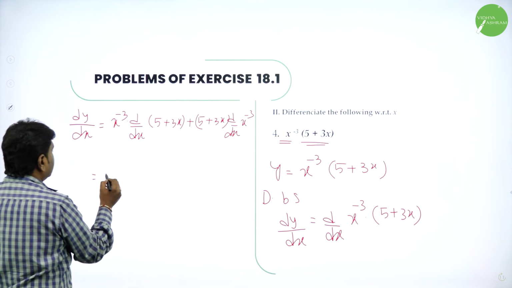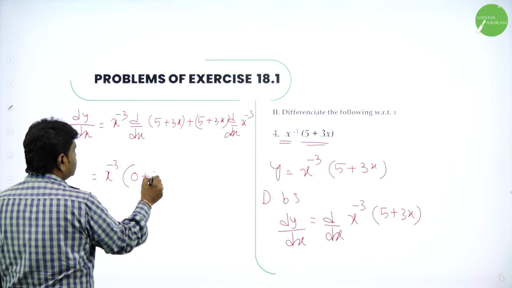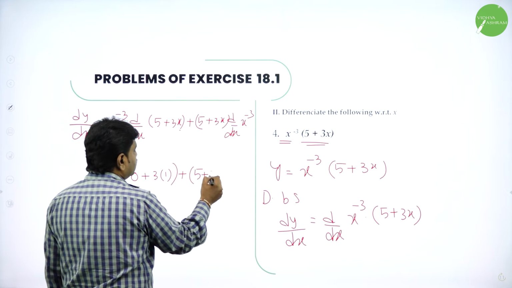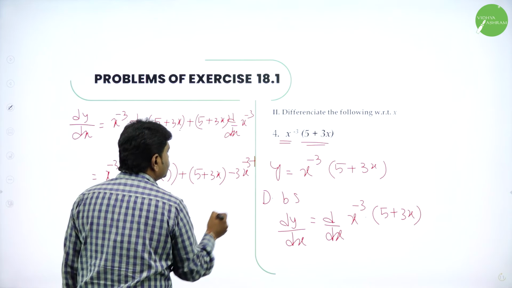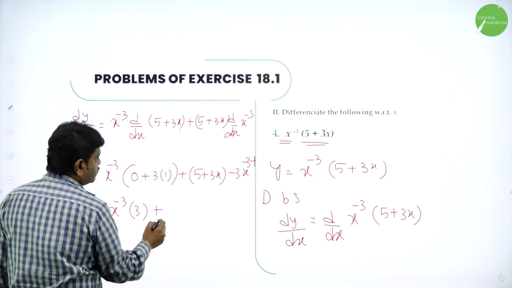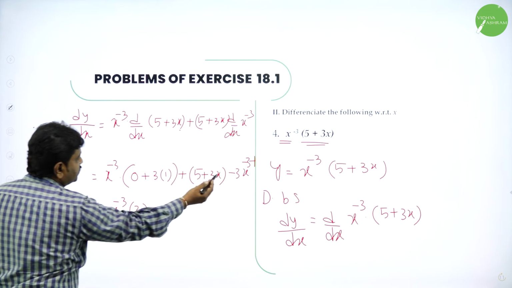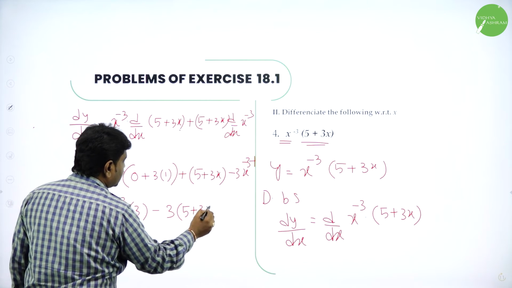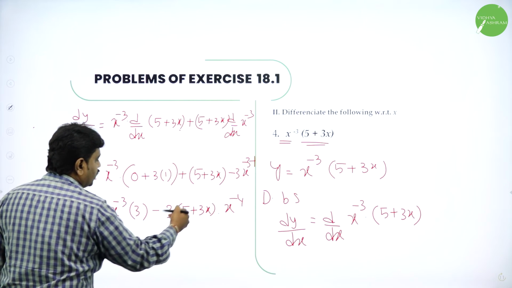So that is x power minus 3 into (derivative of 5 is 0, plus 3 into derivative of x is 1), plus (5 plus 3x) into derivative of x power minus 3, which is minus 3 into x power (minus 3 minus 1). So x power minus 3 into 3, plus minus 3 into (5 plus 3x) and x power minus 4 it will be.